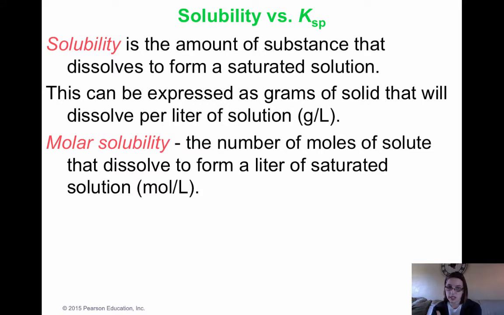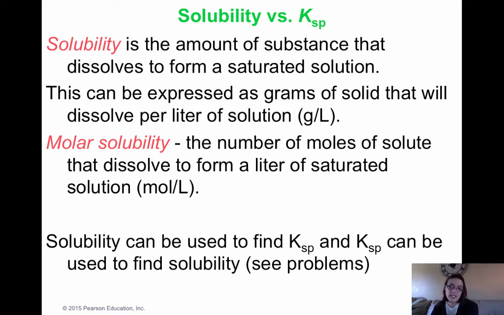Molar solubility is just moles of solute dissolved per liter of solution, so it's moles per liter. It's basically concentration. However, we can't actually have a concentration of a solid, so we call it molar solubility instead. How many moles of solid can be dissolved into a liter of solution?